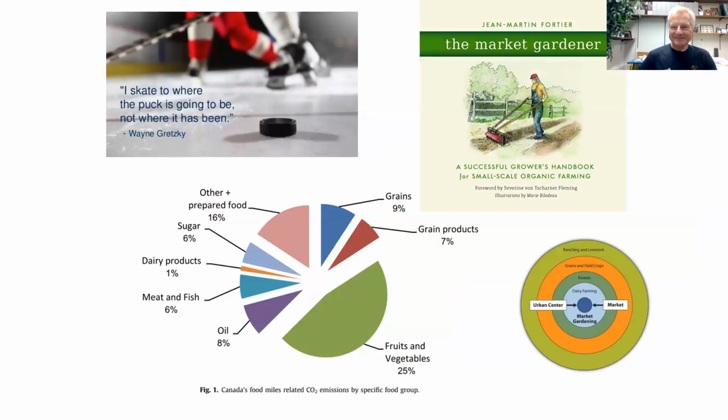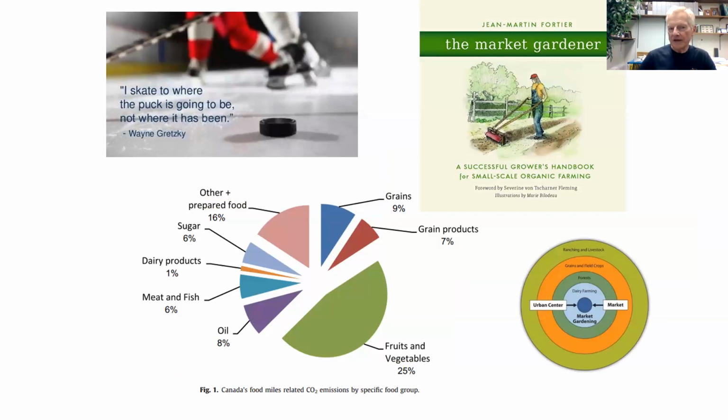Now, most Canadians have heard Wayne Gretzky or have heard somebody quote Wayne Gretzky, and I've got it on the upper left-hand side of this slide, when he said, "I skate to where the puck is going, not to where it has been." So what does this mean for markets?